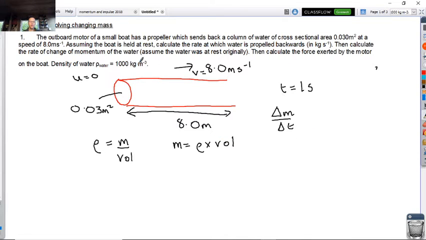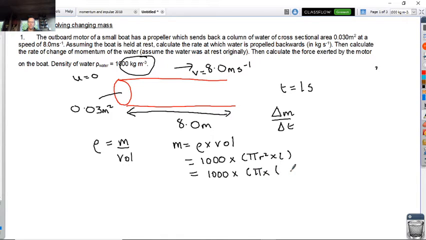The question gives you the density, which is 1000. And your volume is simply going to be pi r squared multiplied by the length of your column. Therefore, that's going to be 1000 multiplied by pi, and then the radius already given to us is 0.03 squared, and then you multiply by the length, which is 8 meters.